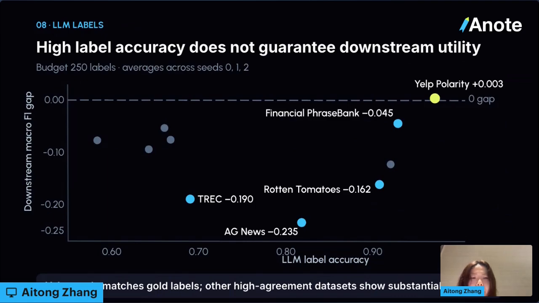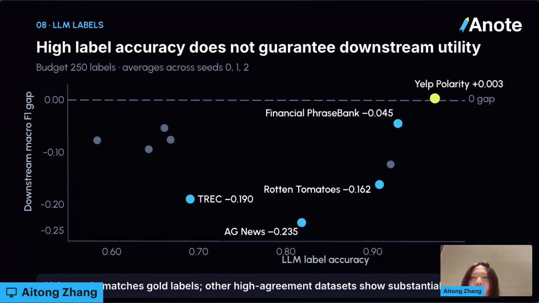For Yelp polarity, the agreement is 0.972, and the downstream model almost matches the best gold label results. The Financial PhraseBank also has a high agreement at 0.929, but its downstream model still trails by 0.045 macro F1. And AG News shows an even larger downstream gap.